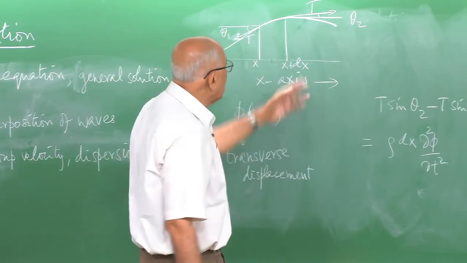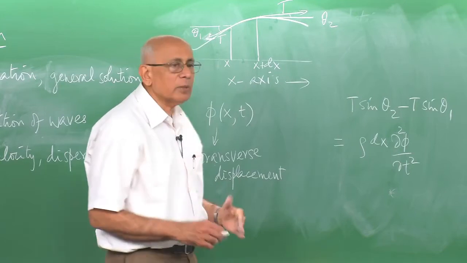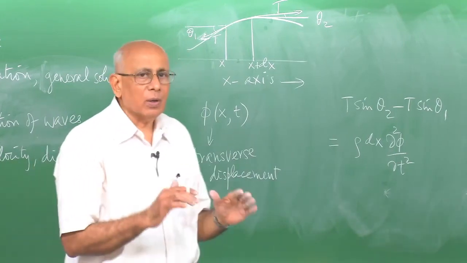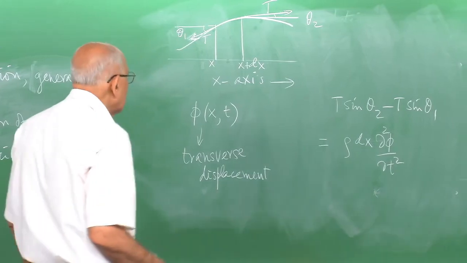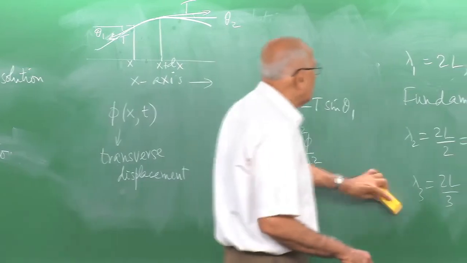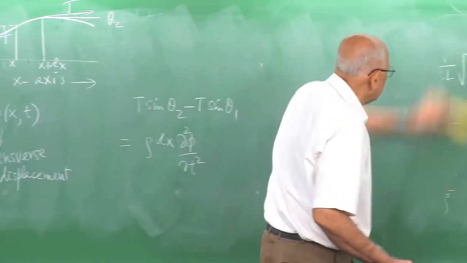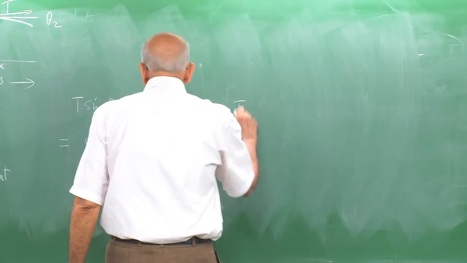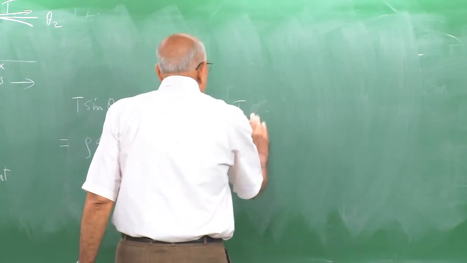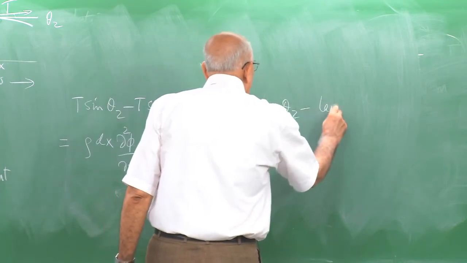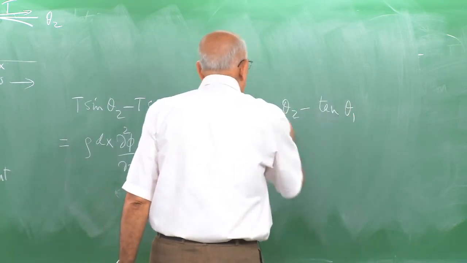Well, if the thetas are small, if the oscillations are small oscillations in a technical sense, namely these angles are very, very small, then you can approximate this as approximately T times tan theta 2 minus tan theta 1.